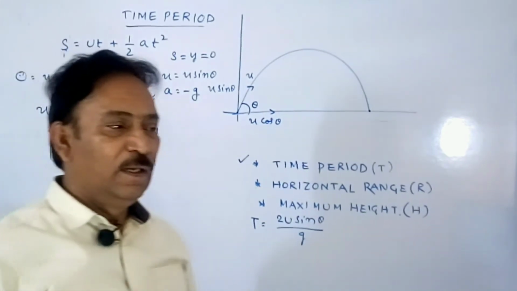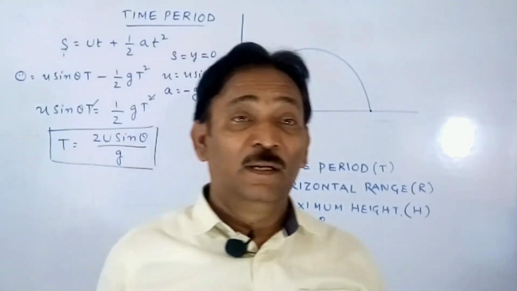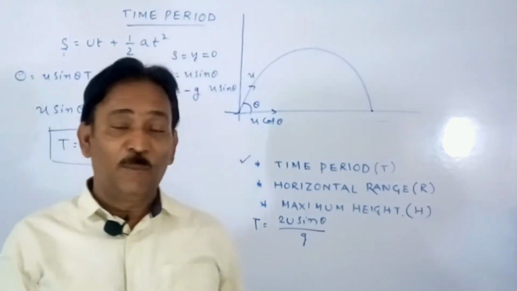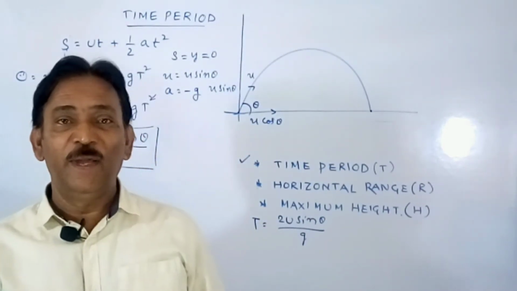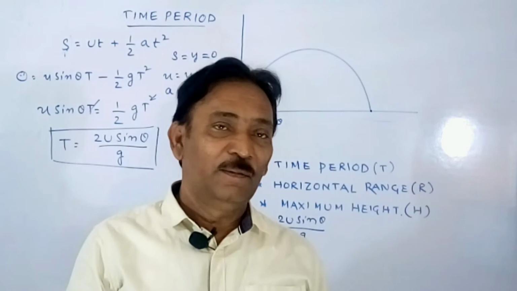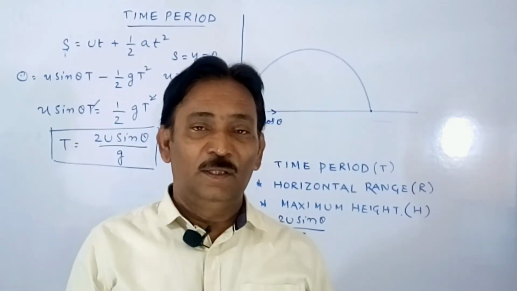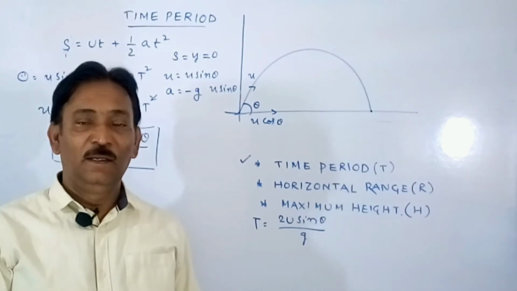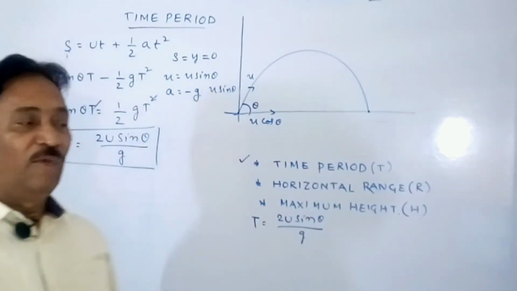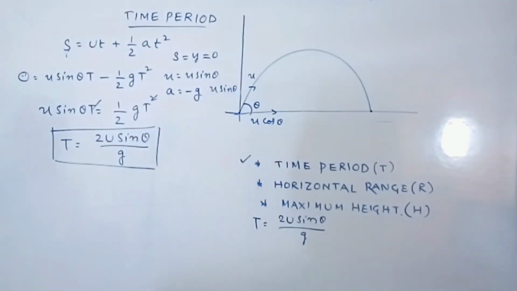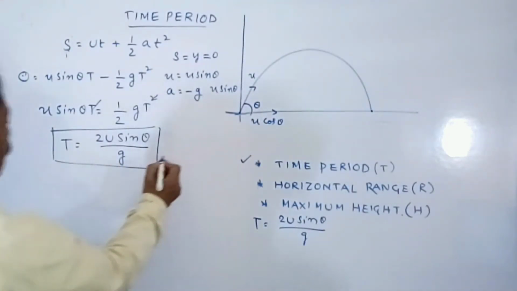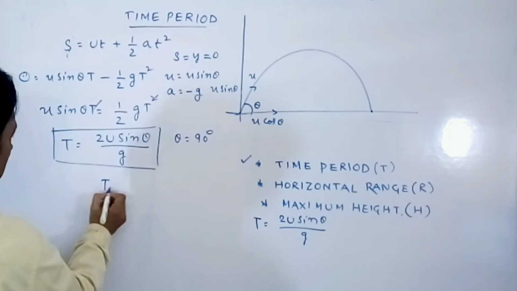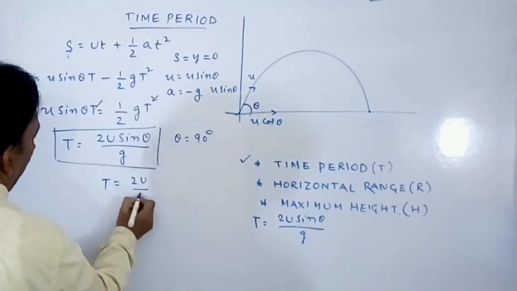What I said, the time period is the time taken by the projectile to remain in air, the time of flight. If you watch carefully, if you take theta is equal to 90 degrees, you get t is equal to 2u by g.